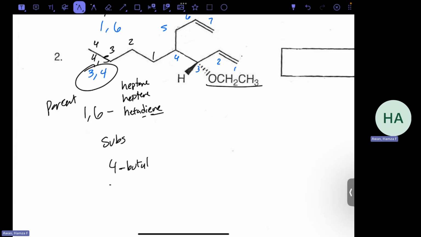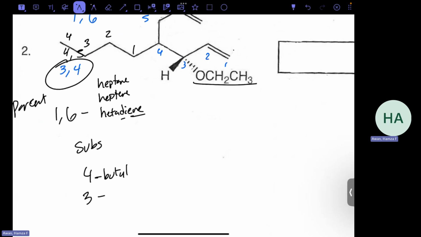And on carbon 3, we have the ether group. So whenever we're naming an ether group, we're going to start with this chain that's hanging off of it, right? So this chain that we have, a 2-carbon chain, is ethane, right? But as a substituent, we call it ethyl, right?